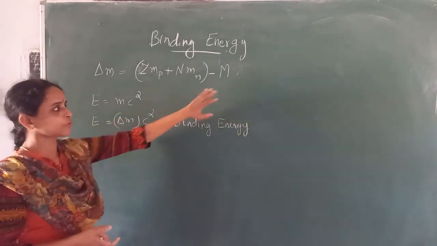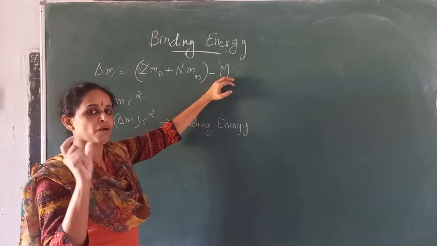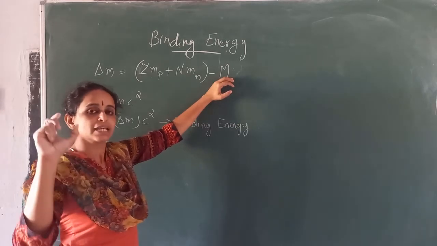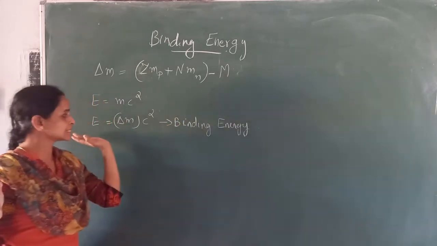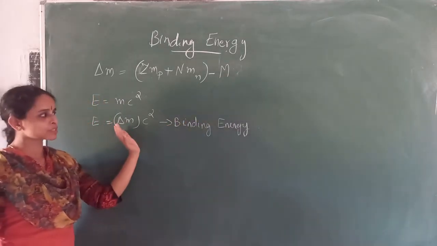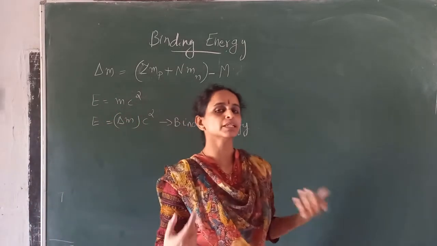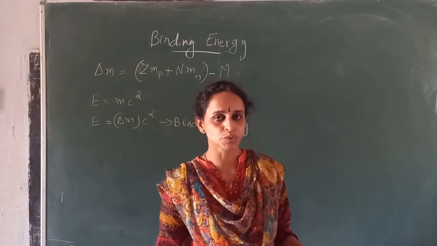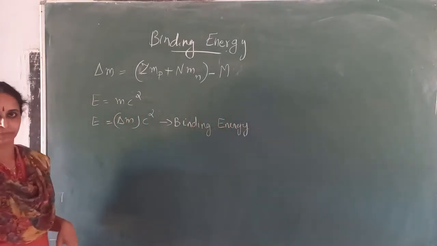After forming the nucleus, it has less mass. That means that mass is released in the form of energy. That energy is delta m c square, which is the binding energy. So in order to split the nucleus into protons and neutrons, we have to supply this much energy.